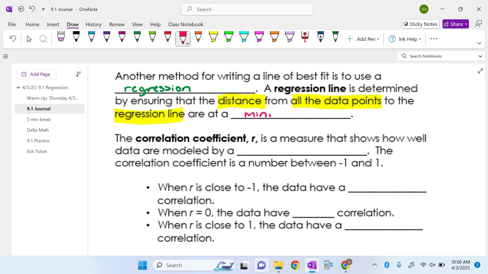So in other words, we want the closest possible line that we can make that the distance between the points and the actual line itself are about the same. All right? As close as we can get. And remember, regression lines, you have to use your calculator to find them because we want them to be exact. All right?